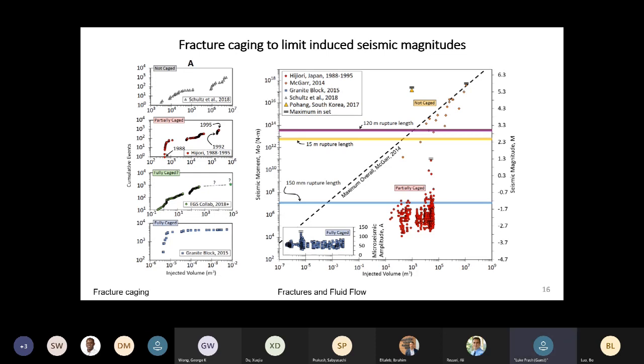So that plateau effectively appears to be a limit on the maximum magnitude of the earthquake that you'll stimulate during an injection. And right now, this is a working hypothesis, but the idea is that the maximum magnitude will be linked to the length of the spacing between the wells in your system that define the fracture cage. So by changing the size of that cage, you change the maximum earthquake that can be generated by that system. It's probably not 100% foolproof, but so far the observations have been very promising.